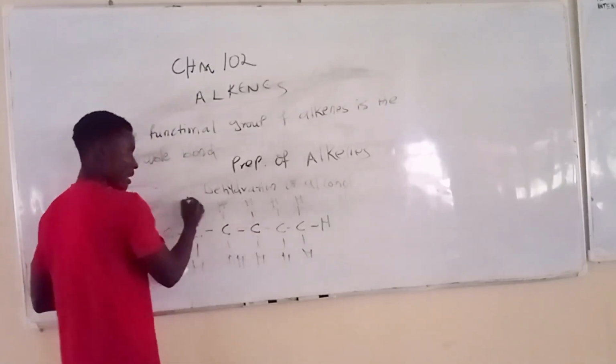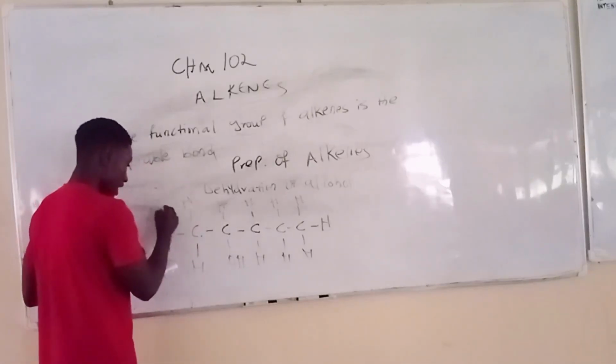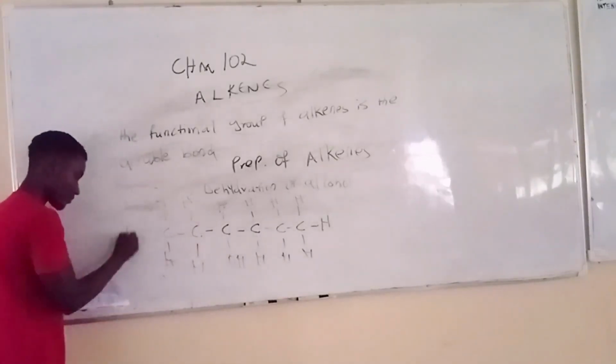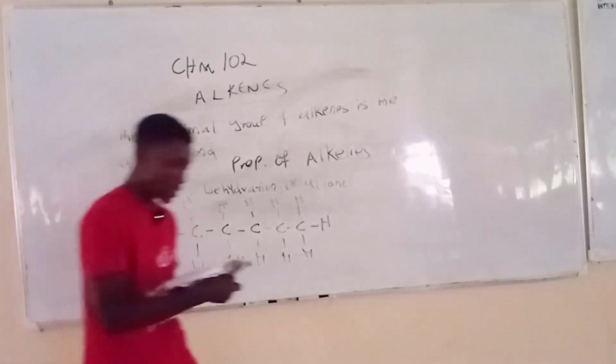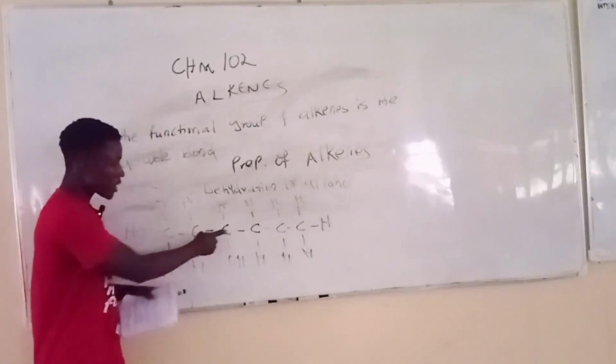Remember, all of these carbons are being bonded by hydrogen. Checking this compound, we have 6 carbon atoms. To name this compound, we give respect to where the substituent is. If we start counting from our right, we have 1, 2, 3, 4.